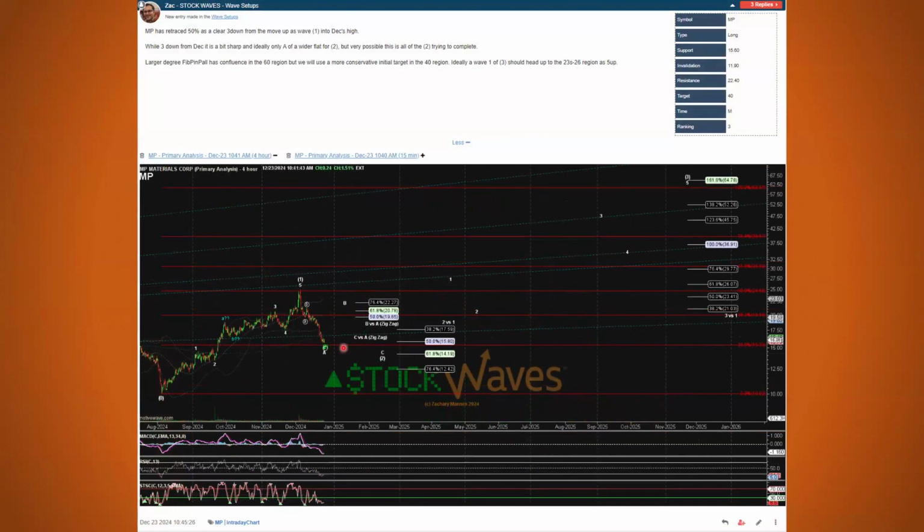A lot of times, if I'm posting a wave setup, I'm usually taking at least a starter position in something at the same time. There's hardly a wave setup that I won't have skin in the game on. With something like MP, there was potential for this C wave, especially if it was the C wave of the parentheses wave 2 in green, to leak a little bit lower. But we were in that ideal fib zone, so that was a good opportunity to put on an initial layer.